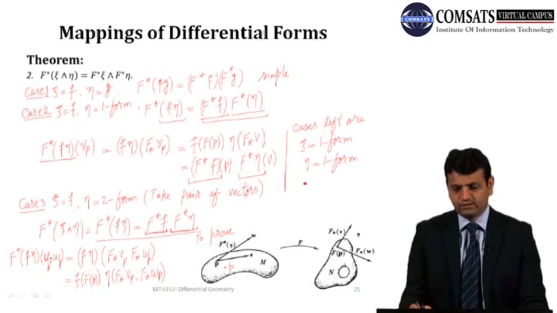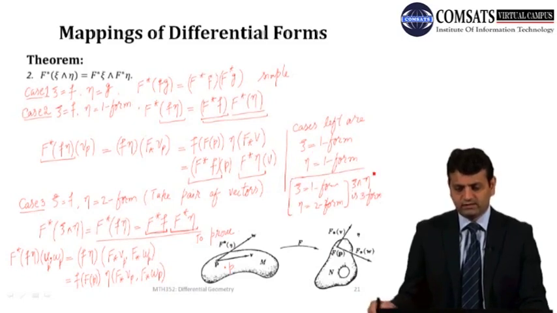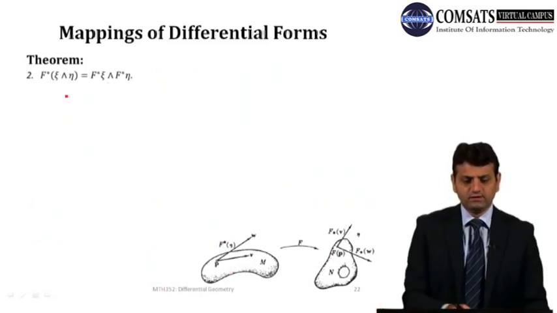No other cases can be made, because for example when xi is a one form and eta is a two form, then this implies xi wedge eta is a three form and each and every three form on a surface is 0. So this is not the case. Therefore only one case is left in which xi is a one form and eta is also a one form. Now let's see the next case.